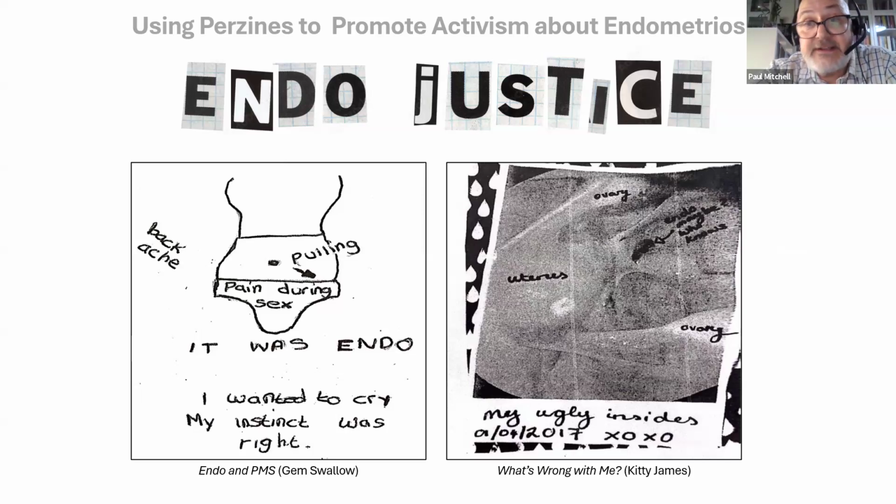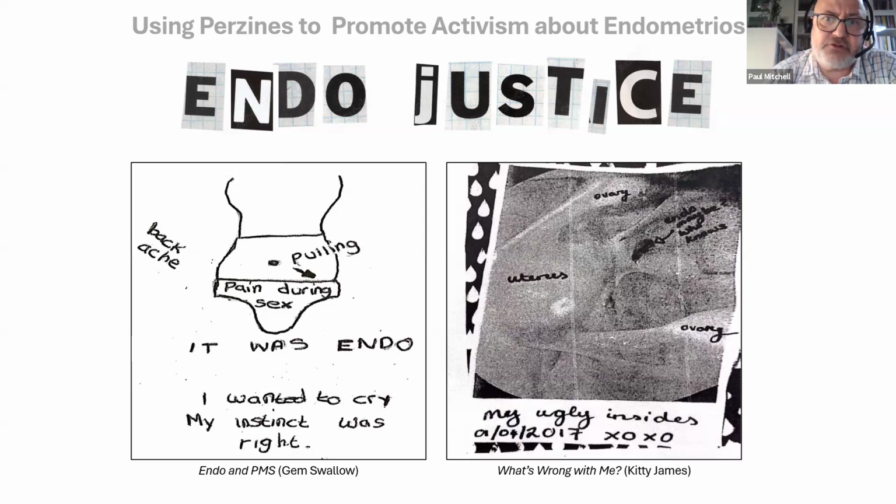And Kitty James takes this one step further. In her perzine, she pastes an ultrasound image that confirms the growth of endometriosis in her body. So by doing so, Kitty reclaims and repurposes this diagnostic tool within a personal narrative, and doing so transforms the clinical gaze, therefore, I think, into something more political and communal.